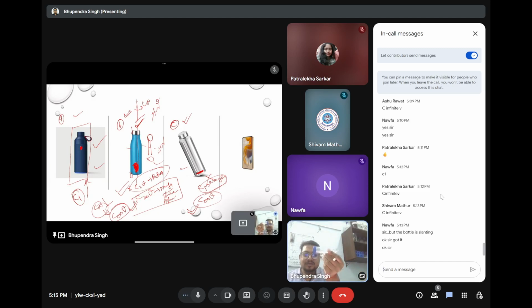Or if you place it like this, anyway, find the point group of this mobile phone.